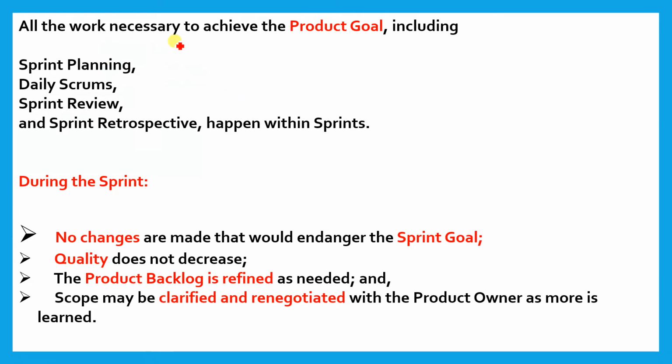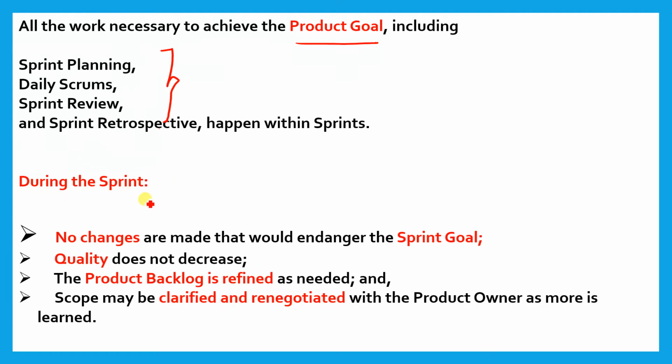All the work necessary to achieve the product goal, including sprint planning, daily scrum, sprint review, and sprint retrospective, happens within the sprint. As I have told you, these are the 4 formal events. In order to achieve the product goal, the Scrum team should follow these 4 events, right? And these events we will discuss in detail in our next lessons.